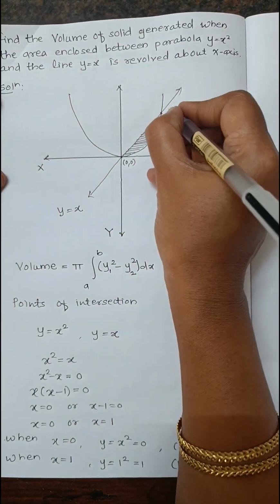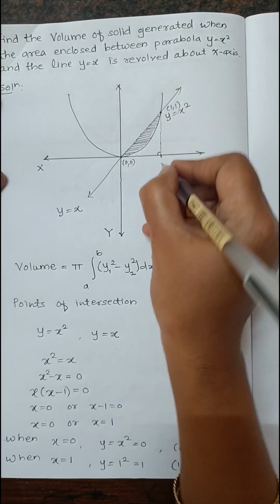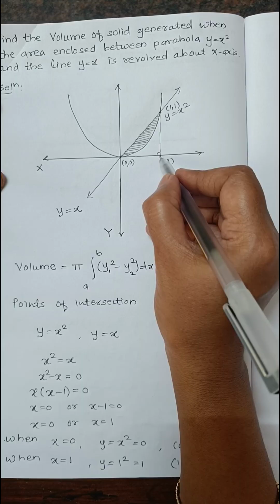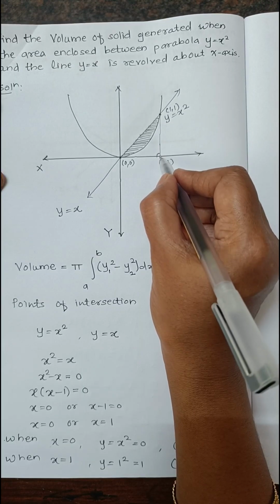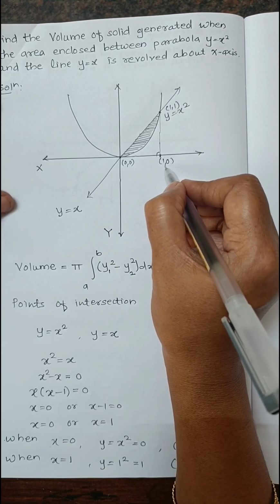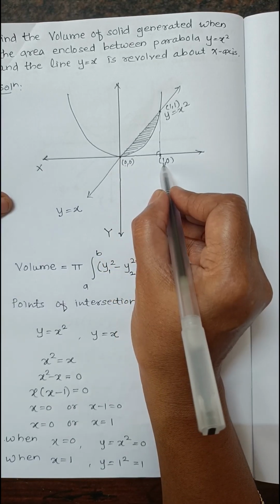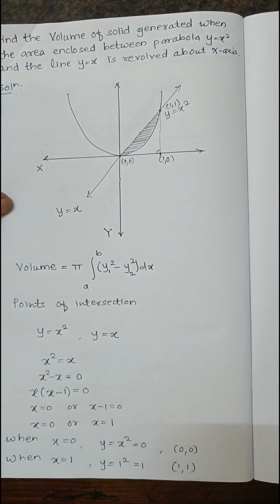This point is 1, 0, x is 1 and this point lies on the x axis, therefore the y coordinate is 0. Therefore the limit of x varies from x is equal to 0 to x is equal to 1.